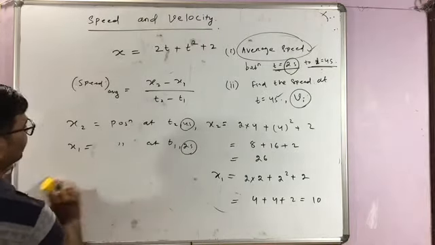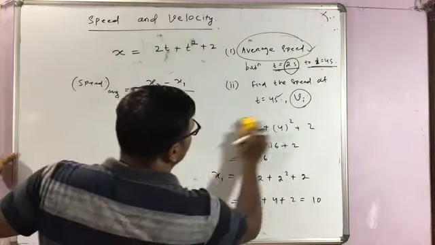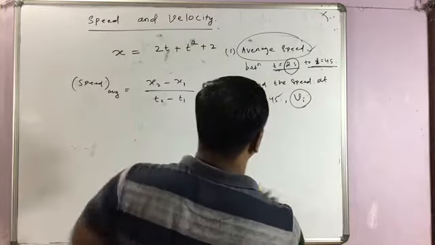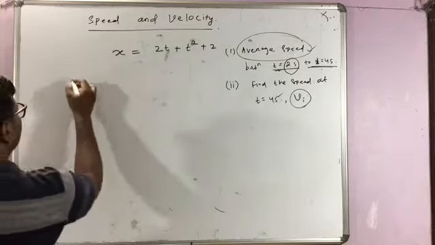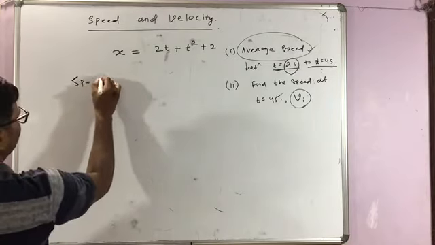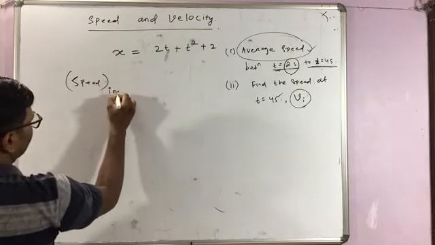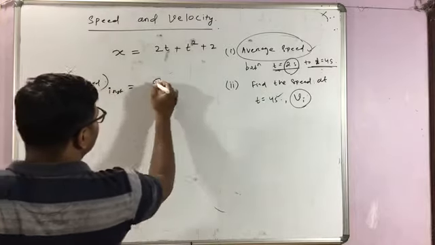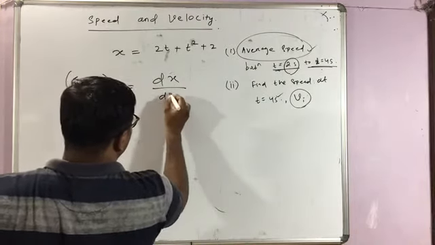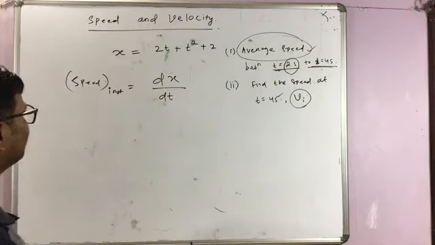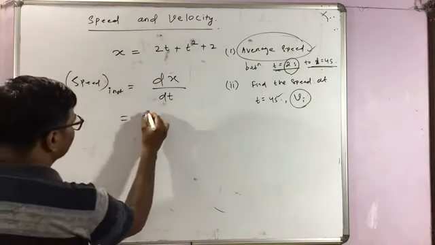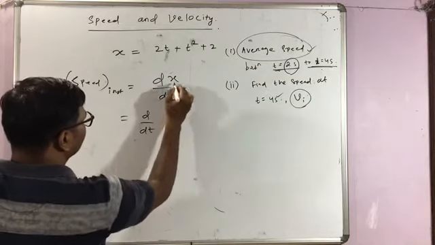Now the second part is the second question, find the speed at 4 seconds. At 4 seconds means your instantaneous speed. The formula for instantaneous speed is dx by dt, means derivative of x with respect to time, which is d by dt of x.